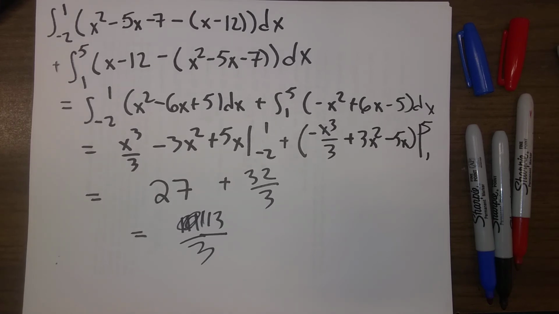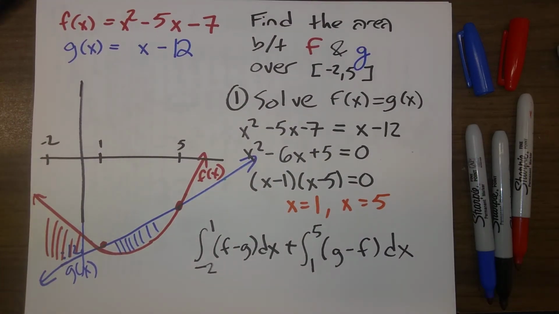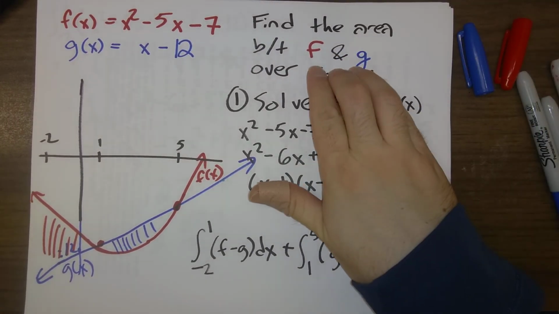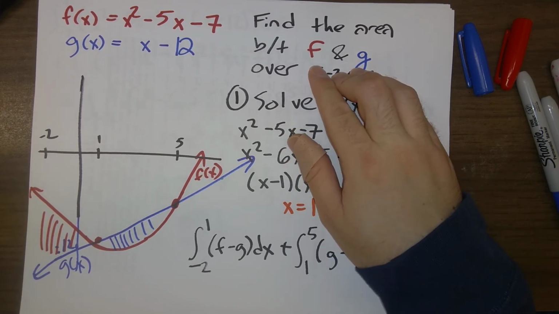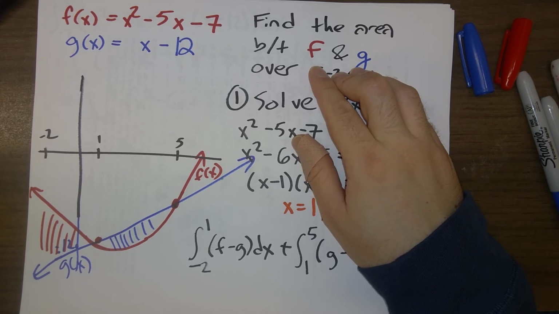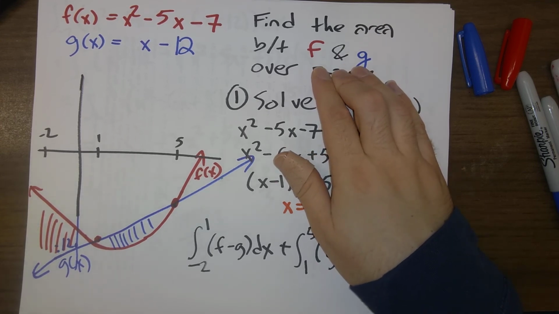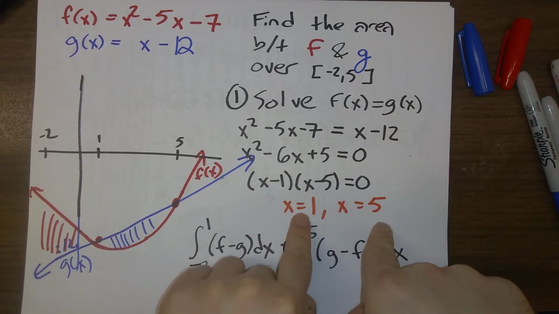Another thing to look out for is a different twist on this problem. Sometimes I might phrase this as just find the area of the region that's bounded by f and g, without giving you particular x values. What you should do is solve this just as before, figure out where they intersect.